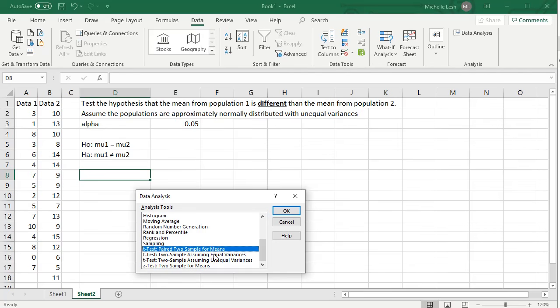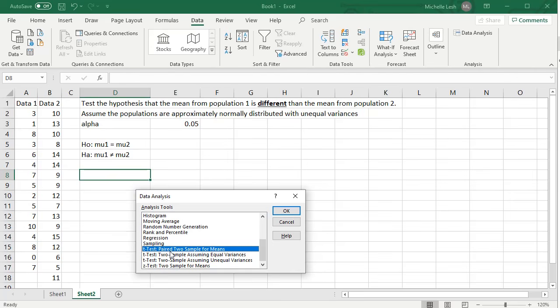There are a few choices here. We have the paired two sample for means, and that is for paired data. Paired data is like, say I'm interested in lowering someone's blood pressure, and I measure their blood pressure before I give them a drug, and then I measure their blood pressure again after I give them a drug.